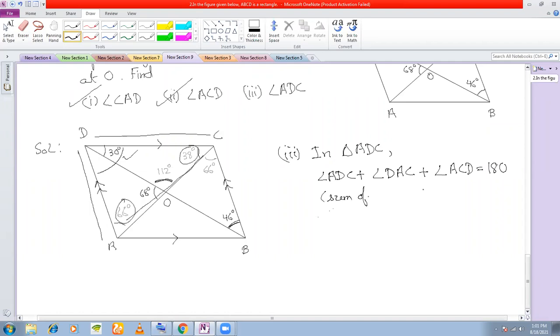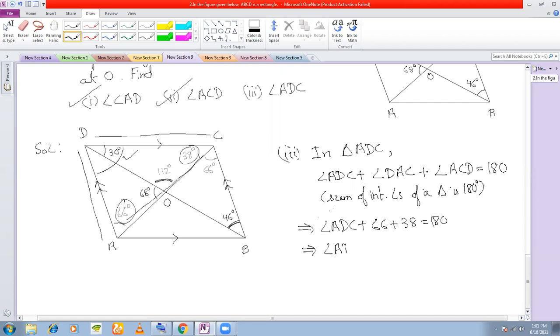Sum of interior angles of a triangle is 180 degrees. Put the values. Angle ADC plus 66 plus 38 is equal to 180.